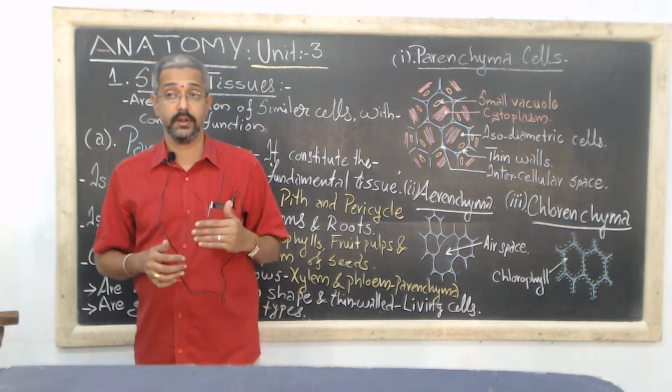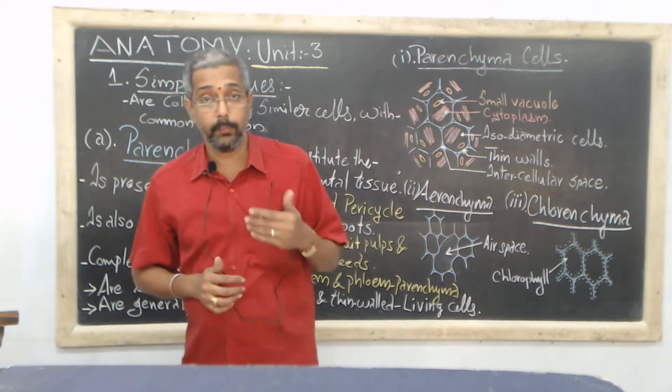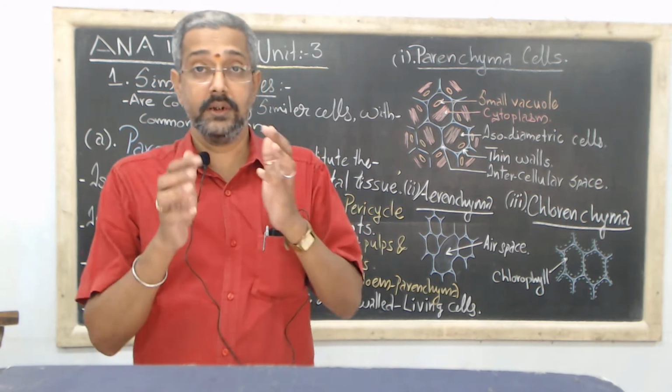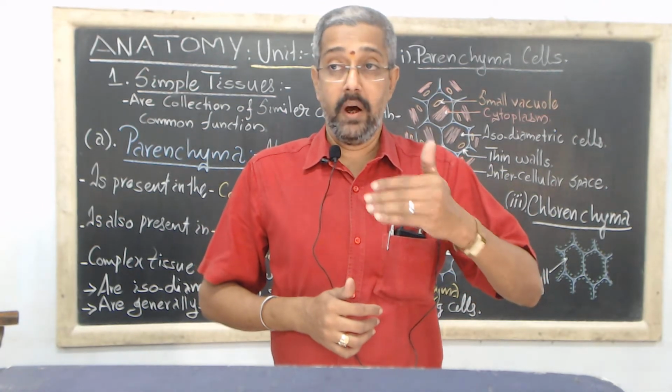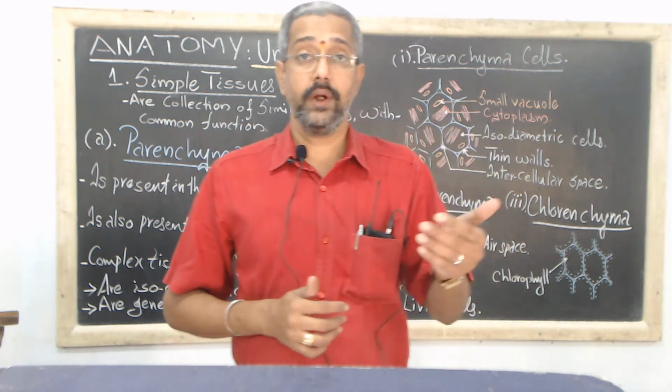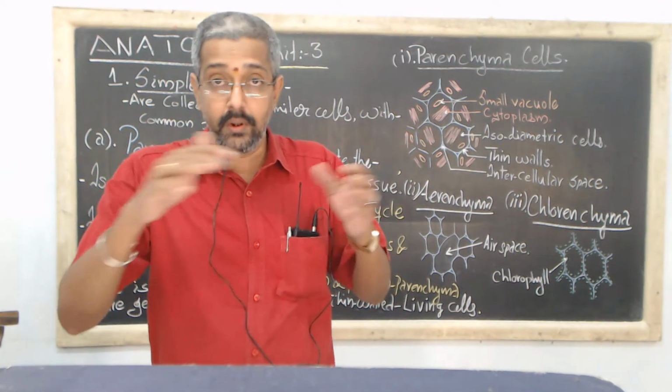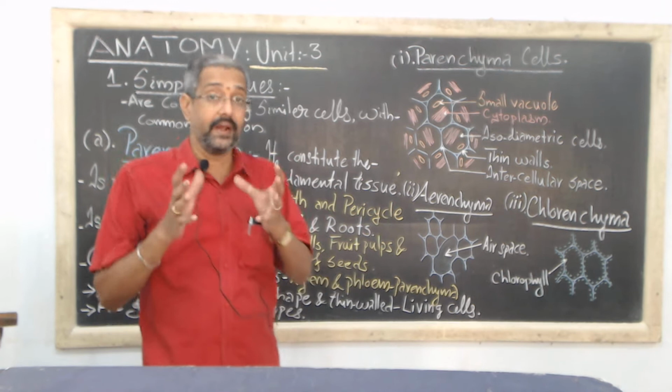The central cylinder includes the pith, the xylem and phloem, and it is marked out from the outer region by an outermost layer called the pericycle.